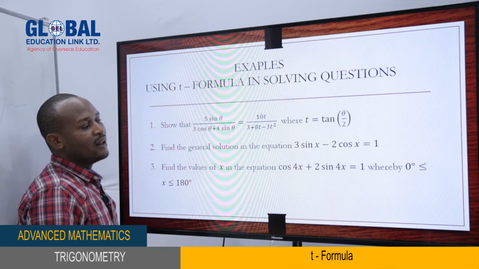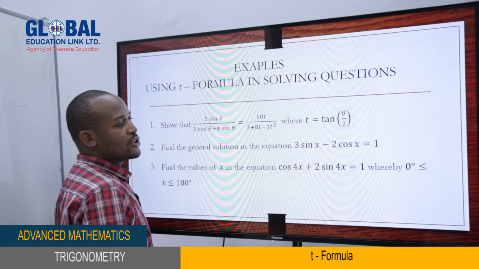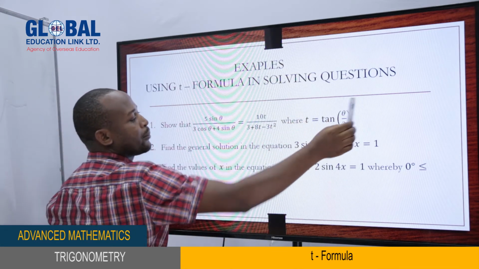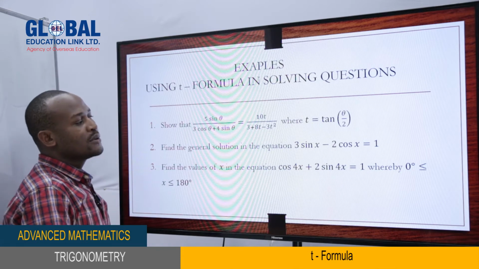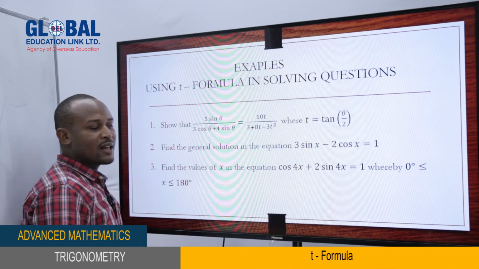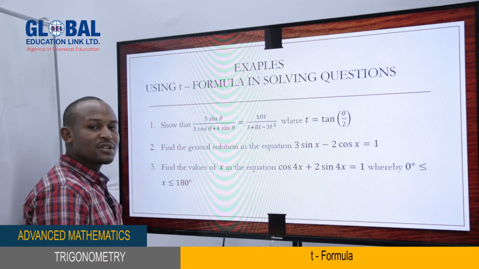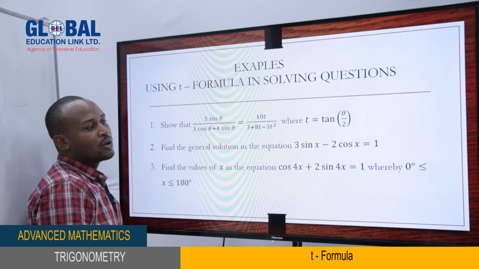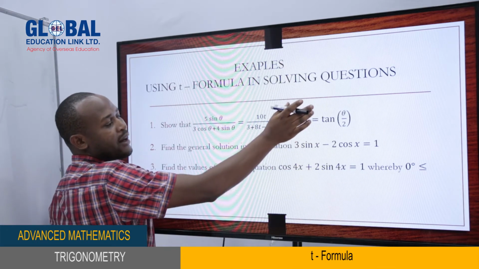But even if this part could not be shown, you understand that if the t is used there, then the T formula was used to get that expression on the right hand side. So the question can just end there.